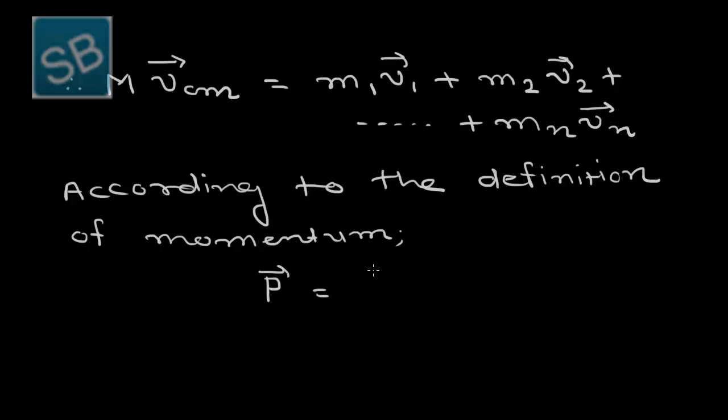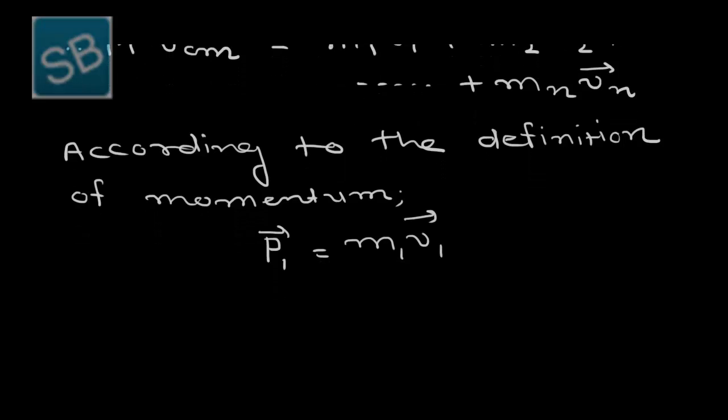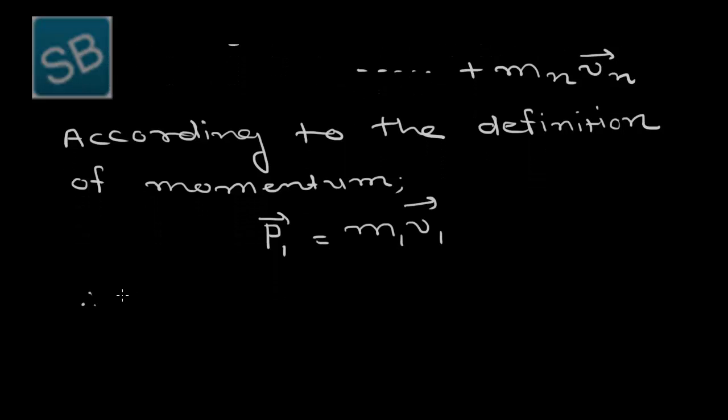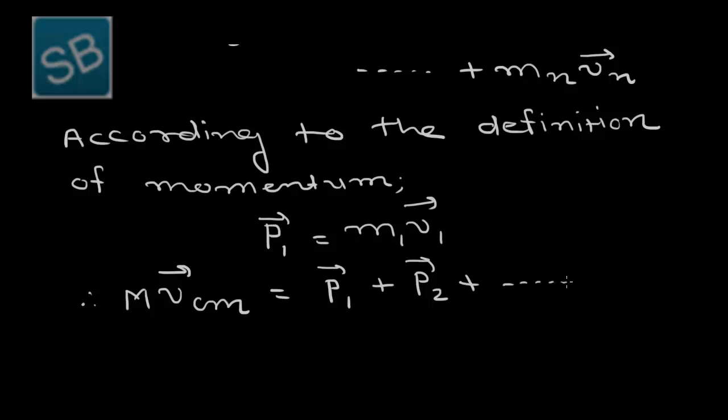P is equal to mv. So here, if I am writing the subscript, m1v1 will be my p1. So I can rearrange this equation as M V_CM vector is equal to p1 vector plus p2 vector plus so on, pn vector.